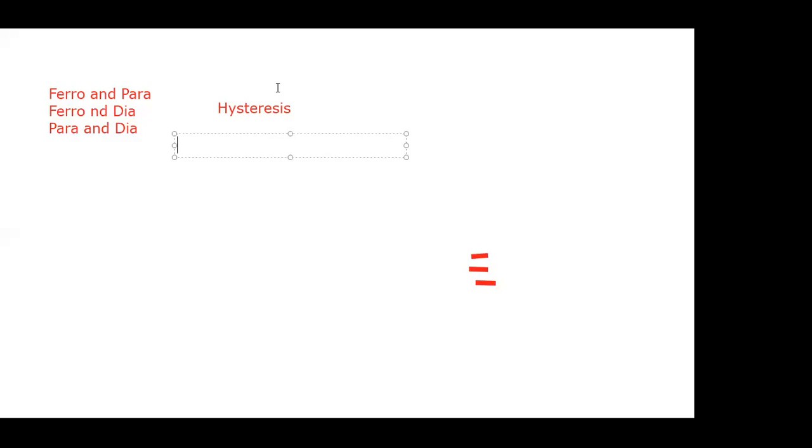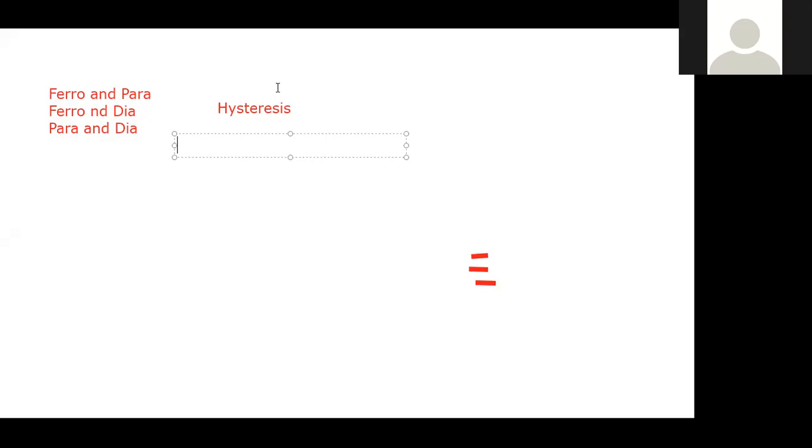Now, when the external field is removed, there is still part of the alignment that will be retained, and the material still remains magnetized. So when you apply an external magnetic field to a ferromagnet, the atomic dipoles or domains will align themselves in such a way as to be in alignment with the external magnetic field.